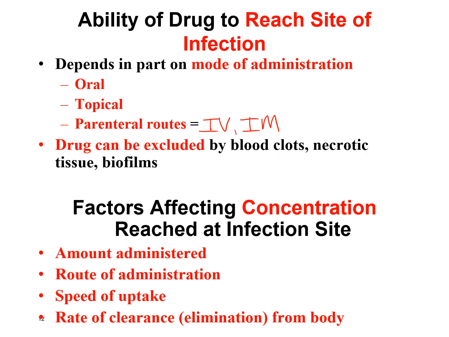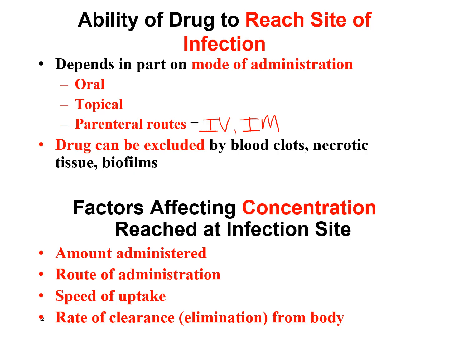For example, if you have a patient with pneumonia, you would not choose to give the antibiotic topically, because there is no way a topical antibiotic would reach the lungs and treat the infection. So you probably would choose one of the parenteral routes, most likely, or possibly an oral medication.